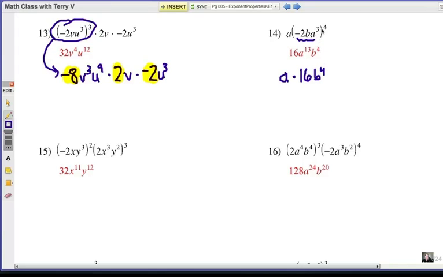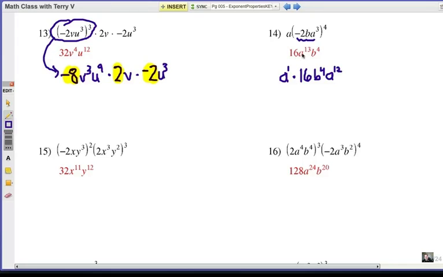And a to the third raised to the 4th power, a to the 12th, multiplying those exponents. Now when I multiply it all together again, notice how this a in the front is really a to the first, and that's why it becomes a to the 13th, b to the 4th, and 16 there.